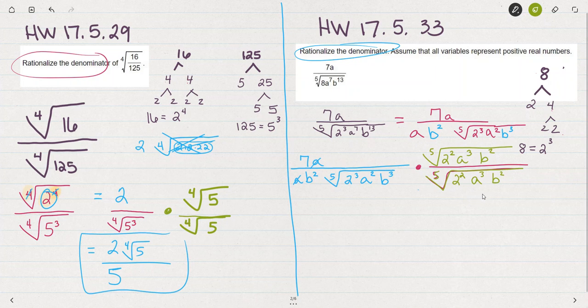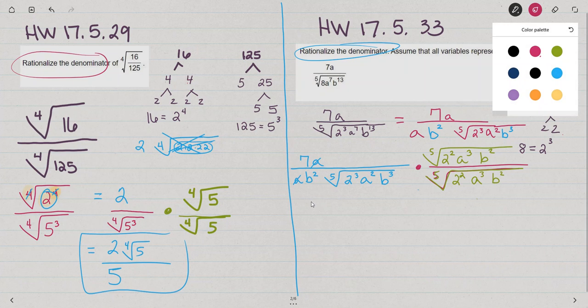Multiplicative identity is 1, meaning I can multiply anything by 1 without changing its value. So by multiplying this expression by 1, I don't change its value. I just change its appearance. Let's see what happens here. Now we have a 7 in the numerator.